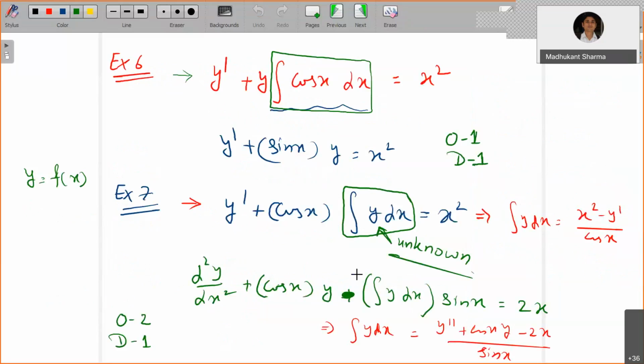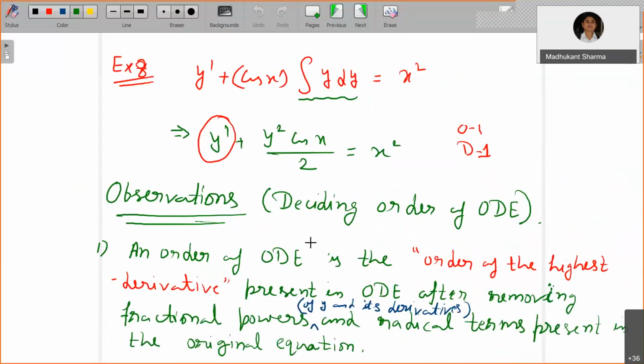The others, as I just mentioned, this is linear. Now here, this is cos x into y. If you do this, this is also going to be a linear equation. Just go and check at home. As for this one, non-linear, I can comment here because y square is there, y to the power 2. It's not 1.